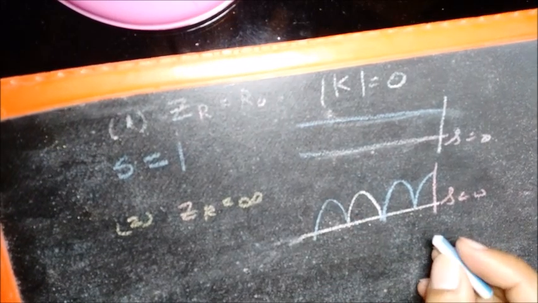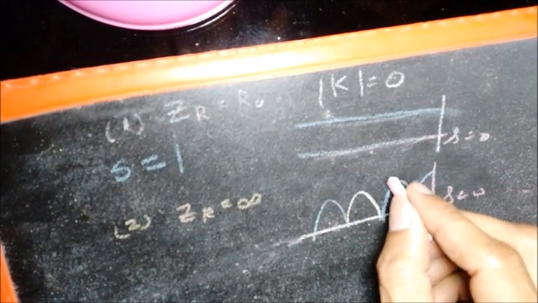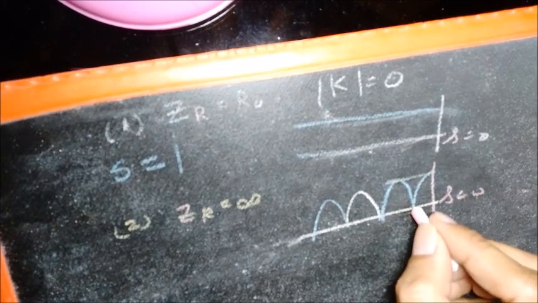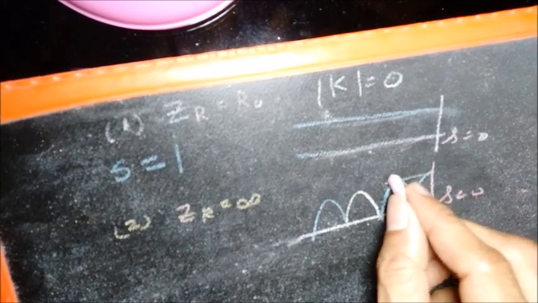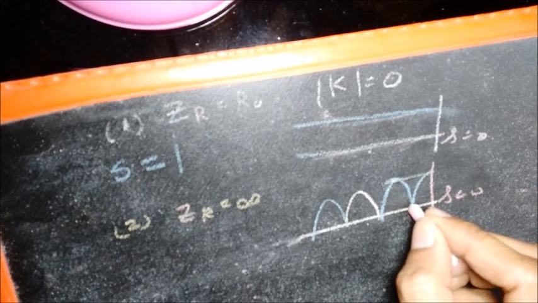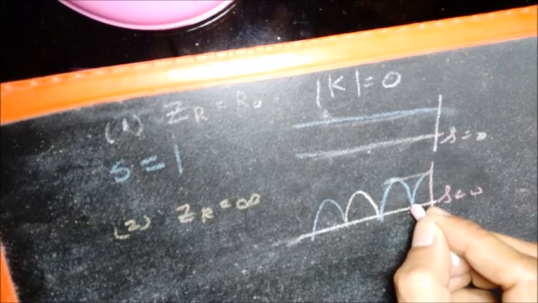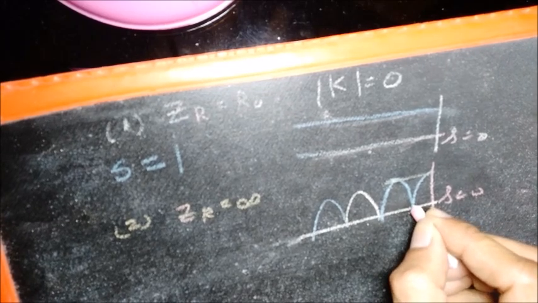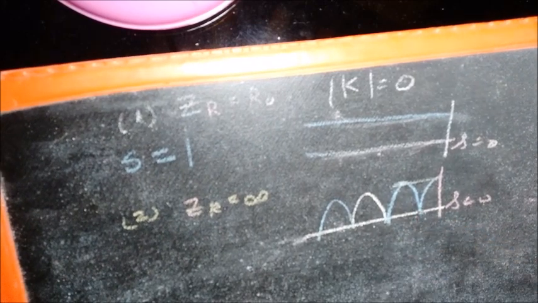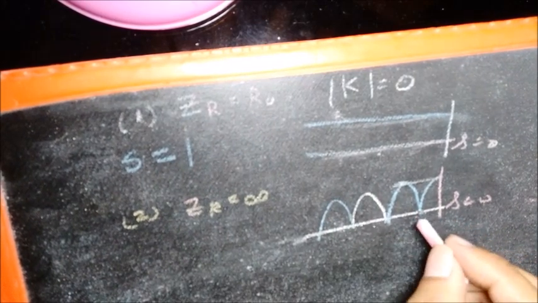It has a maximum value and a minimum value which is 0. So Emax is this and Emin is 0. That 0 was seen very clearly in the simulation video.